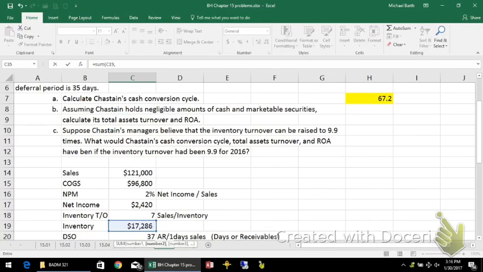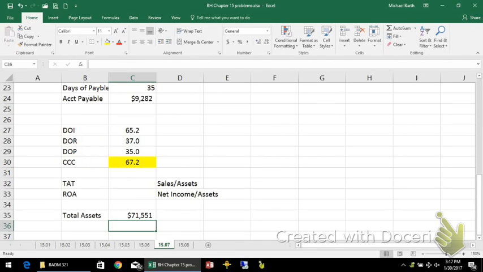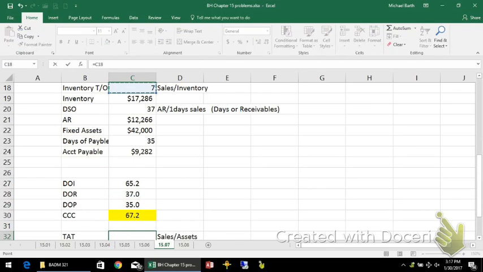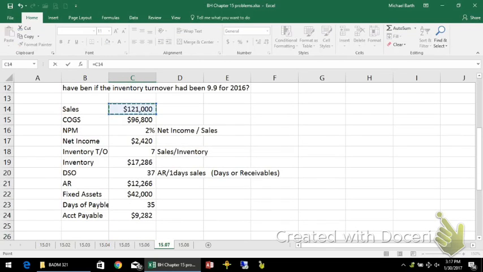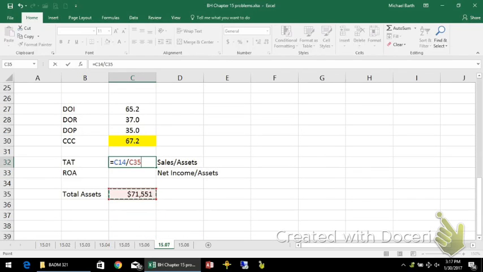Inventory, accounts receivable, and the fixed assets, which we were given upstairs. So that's your total assets. Sales per dollar of assets is 121,000 divided by total assets, or about 1.69.